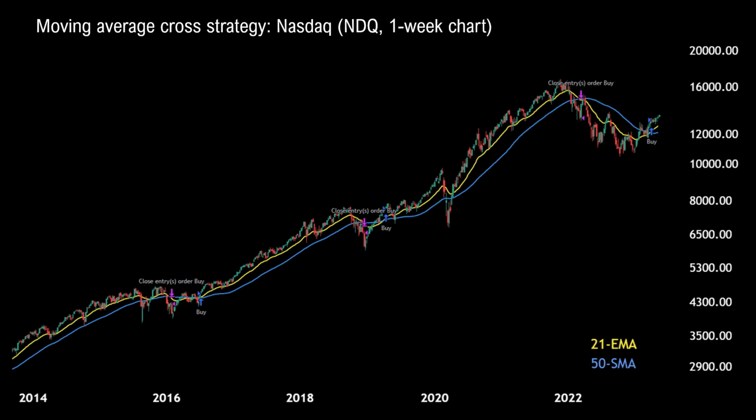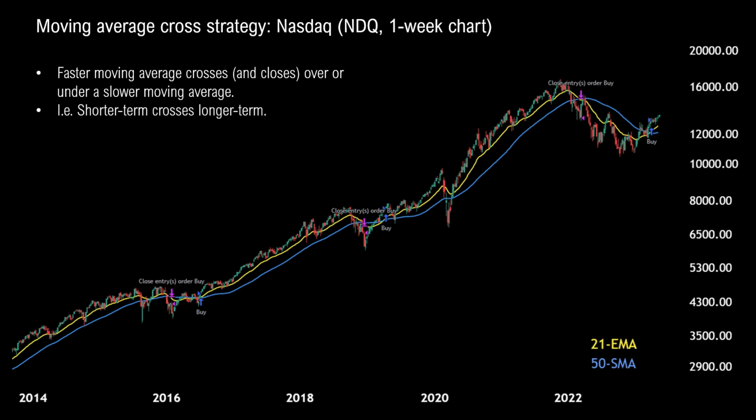So let's now look at moving average crosses, and we'll use this 1-week chart of the NASDAQ. A moving average cross is when a faster moving average crosses and closes over or under a slower moving average. In other words, when a shorter term moving average crosses a longer term one. Now, moving average cross strategies tend to work better on weekly rather than on daily timeframes.